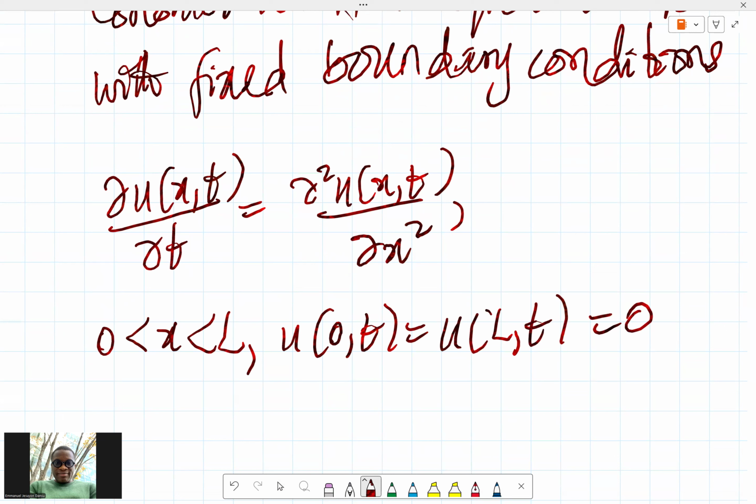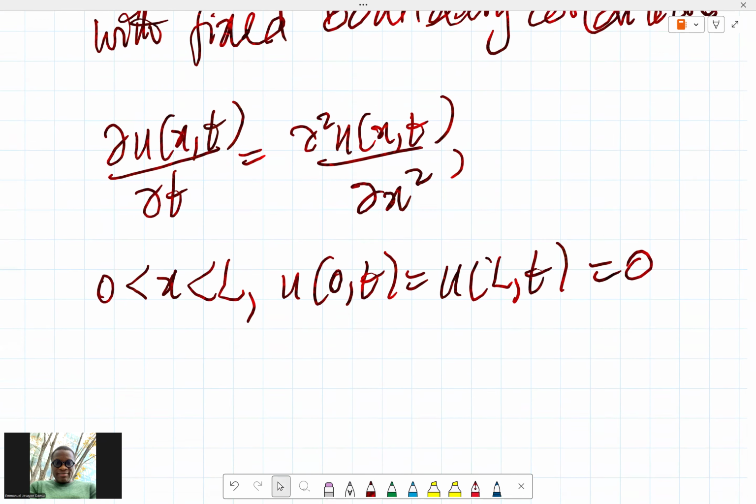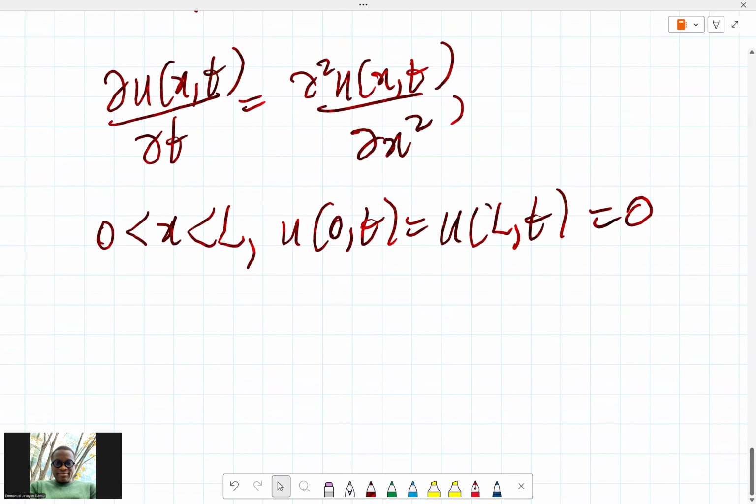That means the temperature at the beginning and the end of the rod will be 0. Imagine that you are heating it from the center.